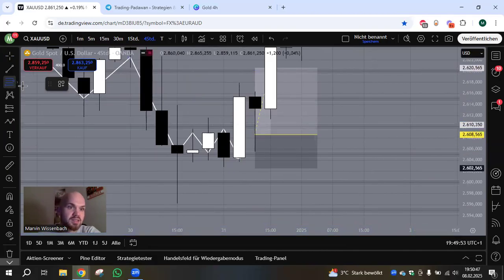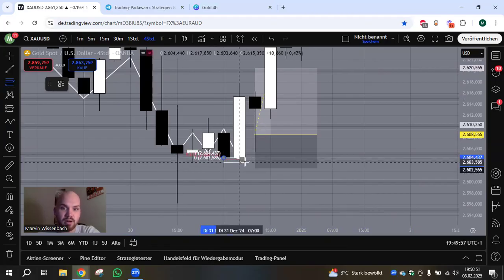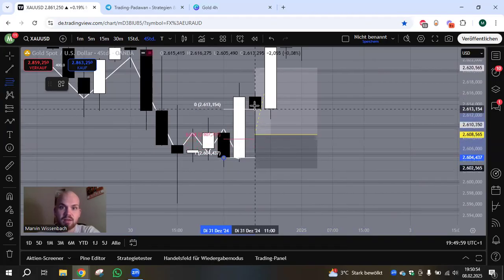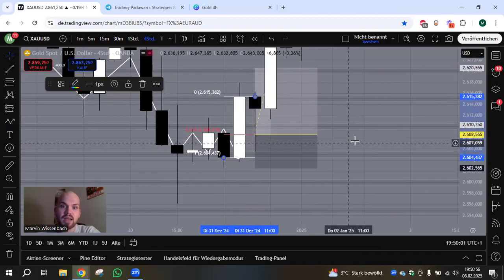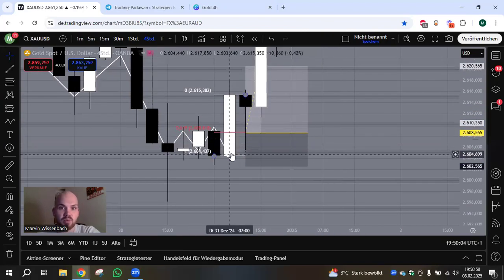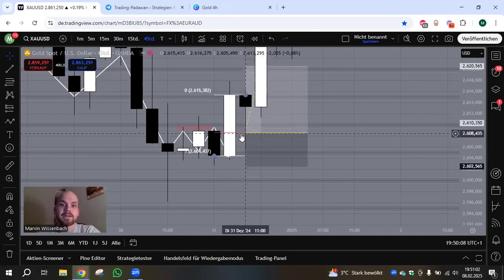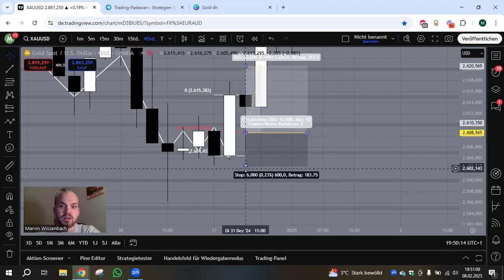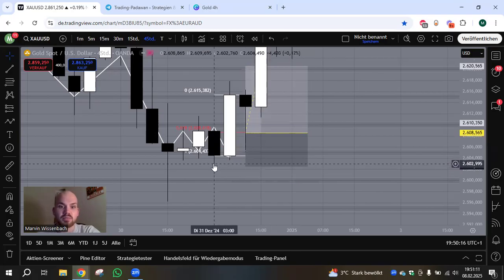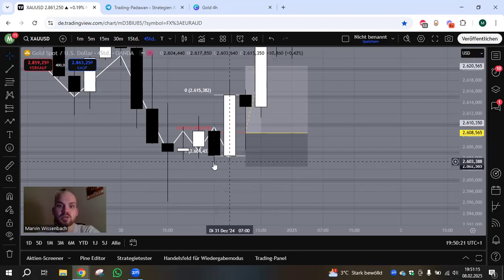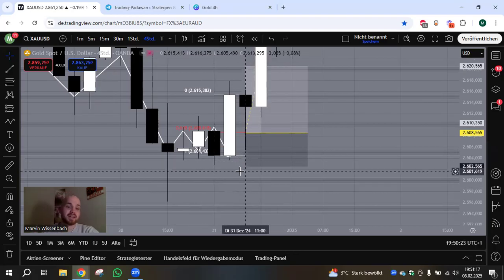What we do then is take our Fibonacci, place it at the bottom of this candle, pull it all the way up, and our buy limit, because we want to move with the market, bullish, we want to go long, we place our buy limit at the 61.8% Fibonacci level, place our stop loss below these lows. This one would be too much, so below these lows, and that is it.